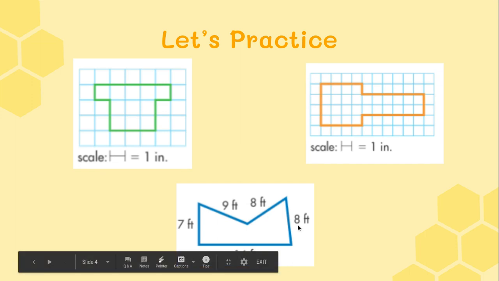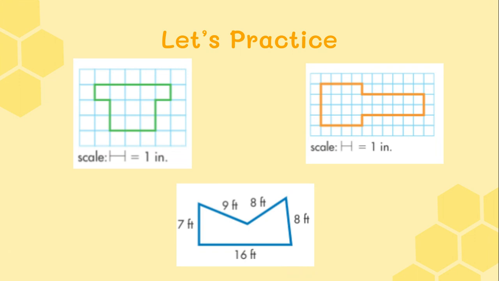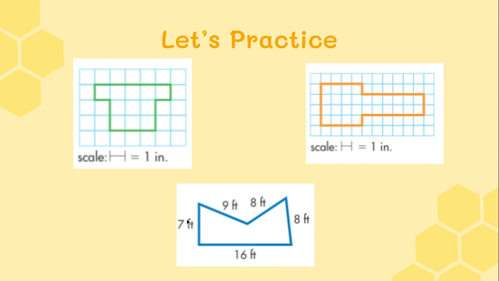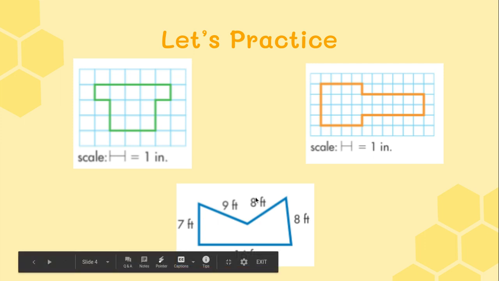Then I'm going to add another 8. So 8 plus 17 is 25. Now I'm going to add 16. So 25 plus 16 is 41. And then lastly, I'm going to add this 7. And 41 plus 7 is 48. So the perimeter of this shape is 48 feet.